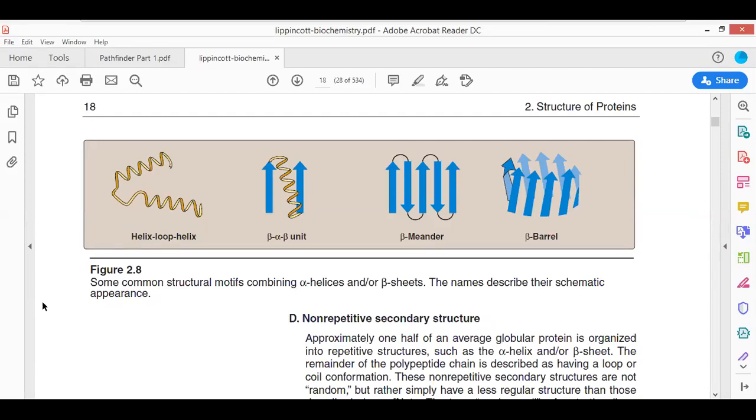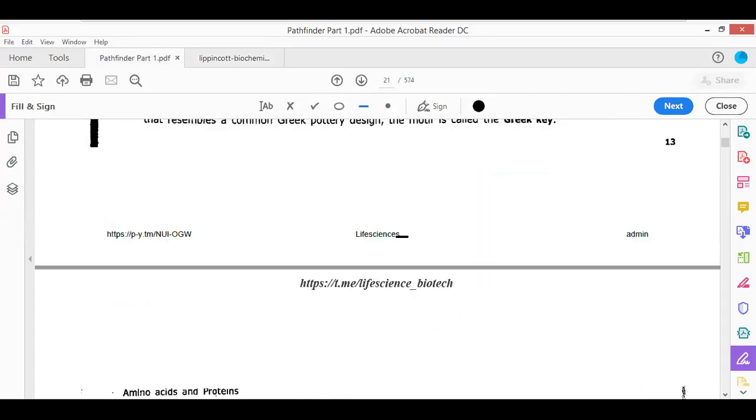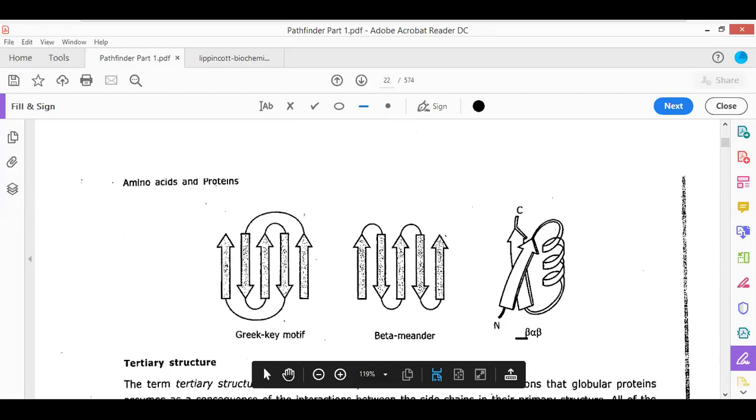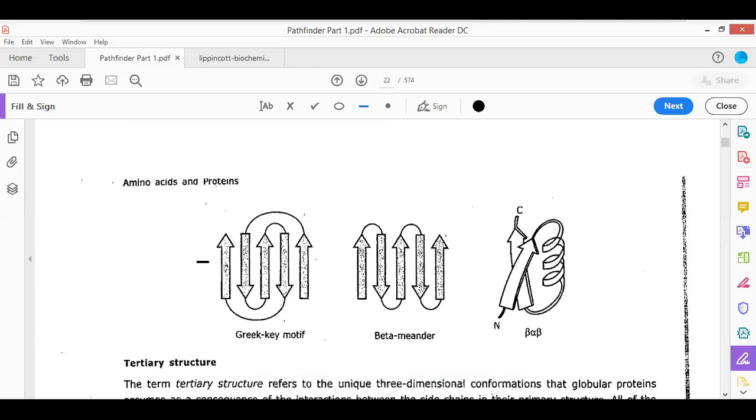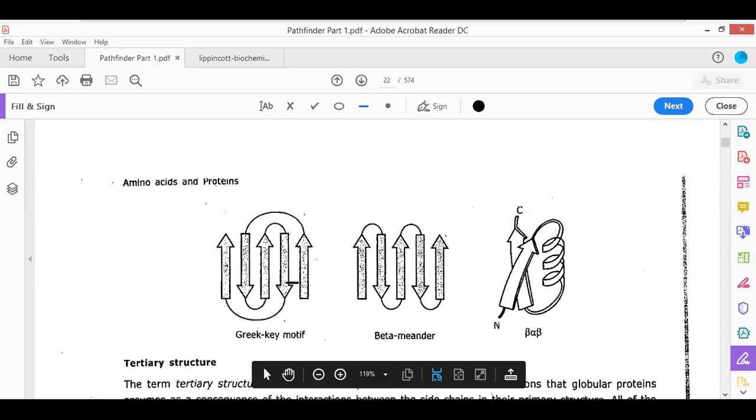The two antiparallel beta sheets are connected by polar amino acids and glycine. You can look in Pathfinder also for information about these structures: the beta meander, the beta alpha beta unit, the Greek key motif. When the antiparallel beta pleated sheet structures are associated with each other with the help of turns in such a manner that the structure resembles an ancient Greek pottery design, this is commonly referred to as the Greek key.